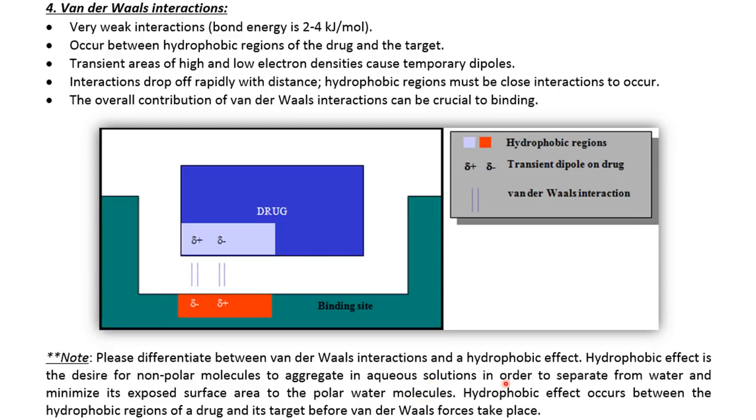The hydrophobic effect normally occurs between hydrophobic regions of the drug before van der Waals interactions take place, meaning that before the drug approaches the binding site, they have to get rid of the water molecules and they aggregate with each other. These hydrophobic regions aggregate to each other before van der Waals interactions occur.